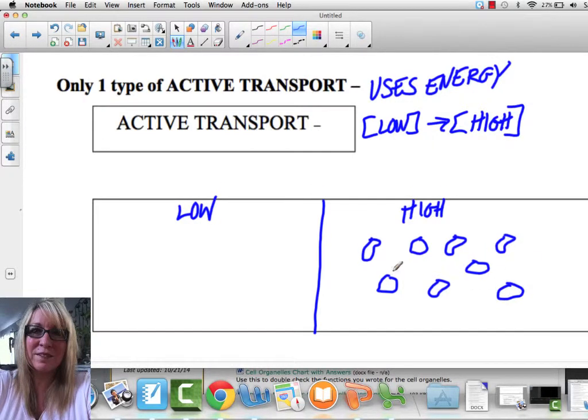These are all waste molecules. And then over here, you have a couple of waste molecules.